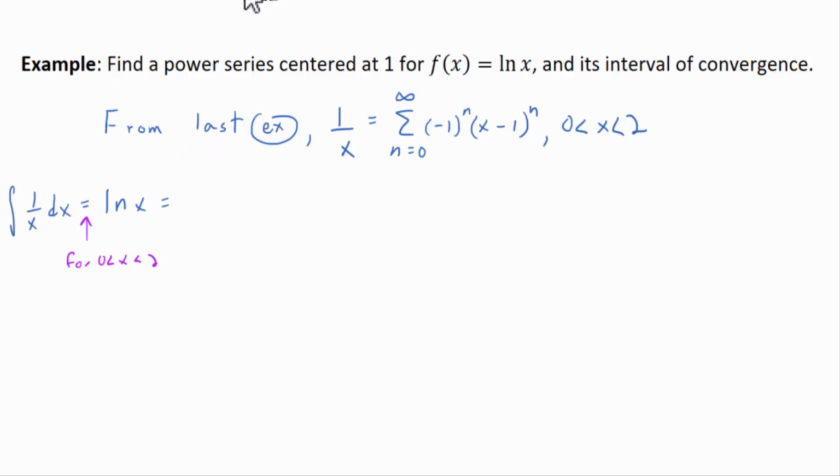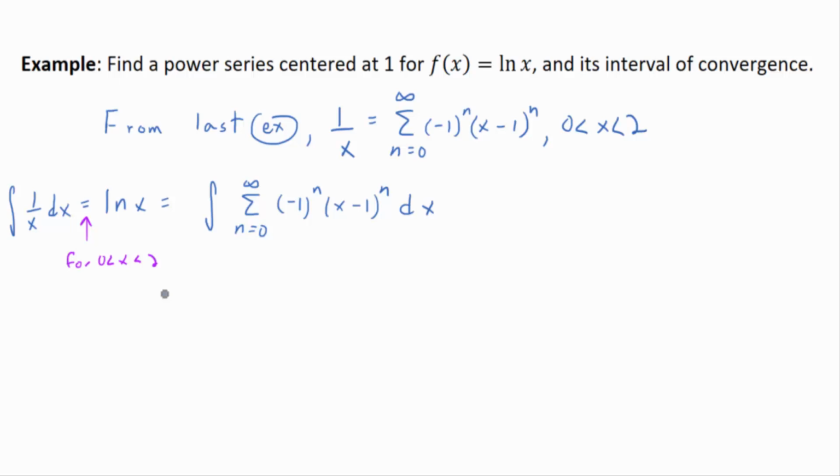So you don't need the absolute values there. And so what we're going to do to compute the natural log of x is we're going to take the integral of our power series. So the integral of the sum n equals 0 to infinity, negative 1 to the n, x minus 1 to the n power dx. And then we'll have it. We'll have our power series. We'll have to put in a plus c and figure out what c is, but we'll have it.